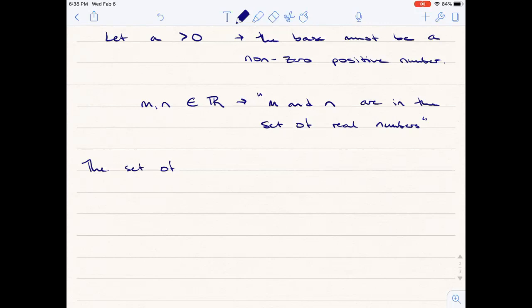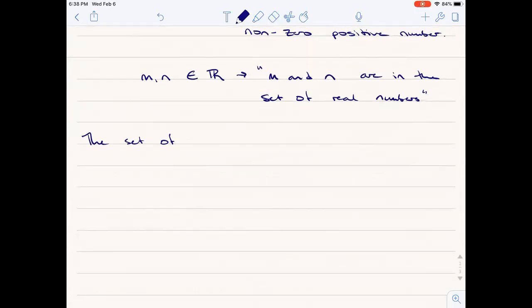Okay, so the set of real numbers is any number between negative infinity and infinity. Okay.